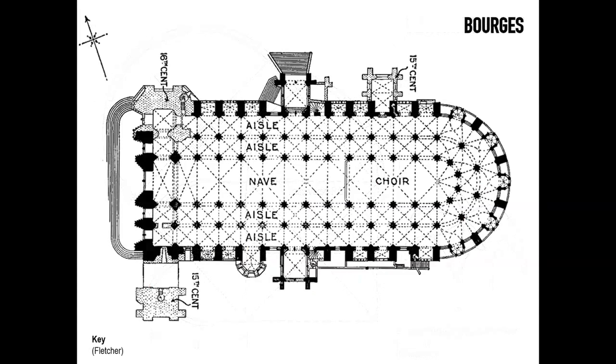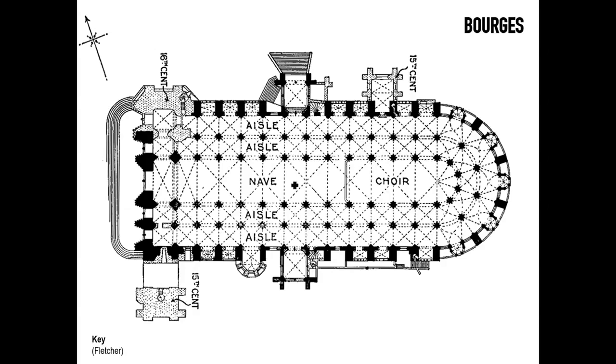Now, a perfect example of this sexpartite vault, in fact there's more than one. This is the type of vault that was characteristic of the first generation of churches and cathedrals that developed in France towards the late 1100s and early 1200s.